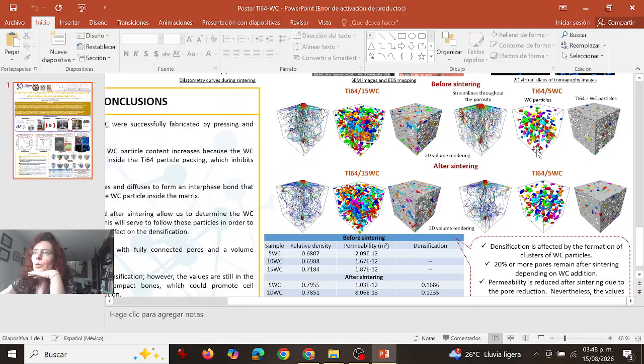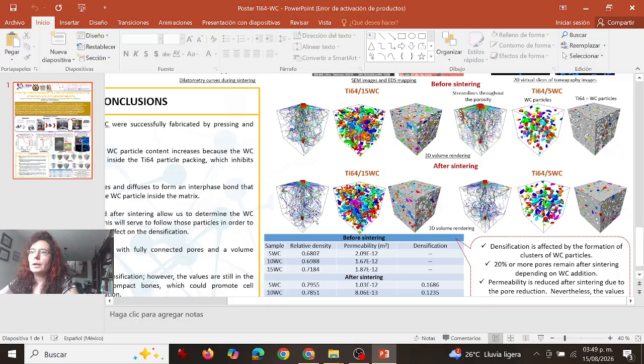So in here we have, for example, the tungsten carbide particles in this 3D image, and in this type of images we have the titanium-64 particles together with the tungsten carbide particles, all together represented. See? All right. So after sintering, we have the same thing.